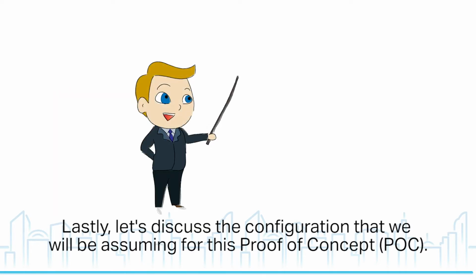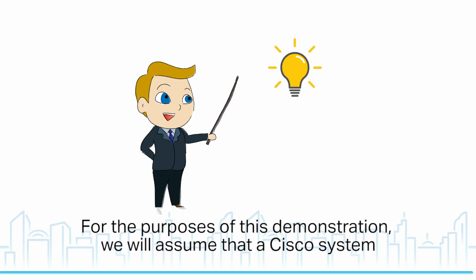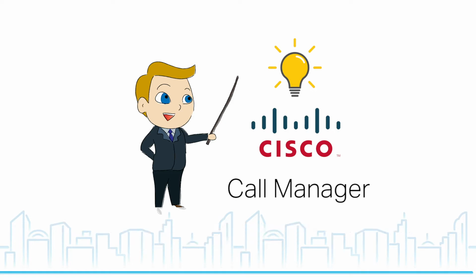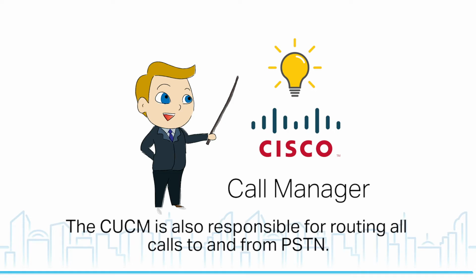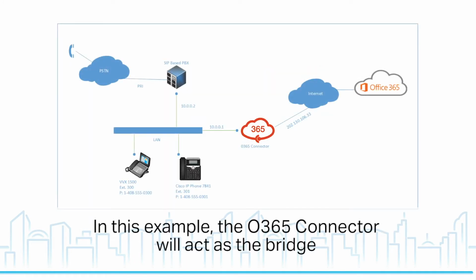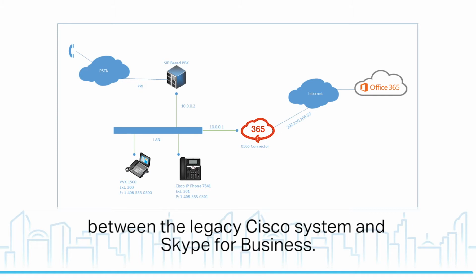Lastly, let's discuss the configuration that we will be assuming for this POC. For the purpose of this demonstration, we will assume that a Cisco system with a CUCM and various endpoints is already in place. The CUCM is also responsible for routing all calls to and from PSTN. In this example, the O365 connector will act as the bridge between the legacy Cisco system and Skype for Business.